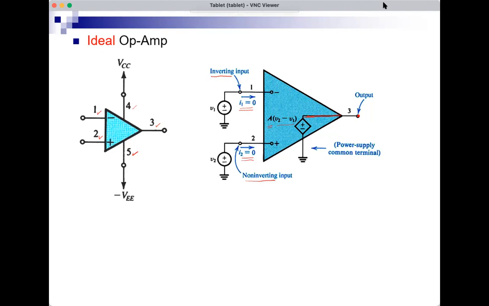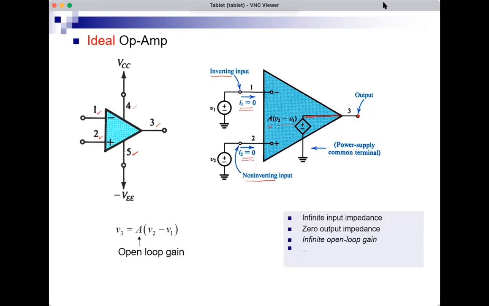Not just that, but also in an ideal op-amp, A is infinite. So when we say V3 is A times V2 minus V1, this A that we call the open loop gain in an ideal op-amp is infinite.